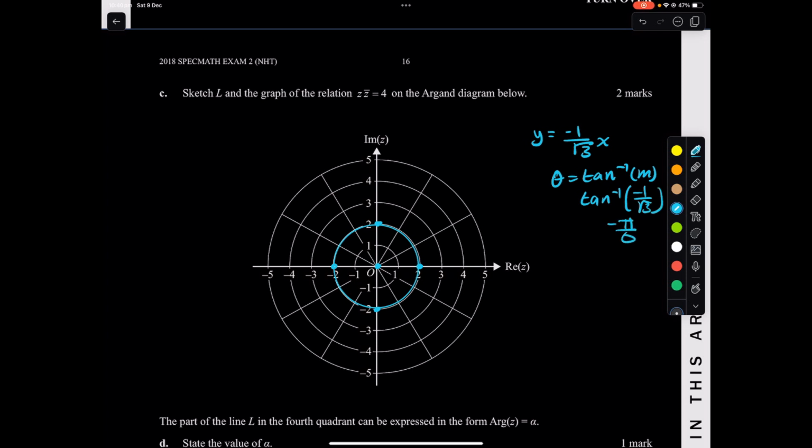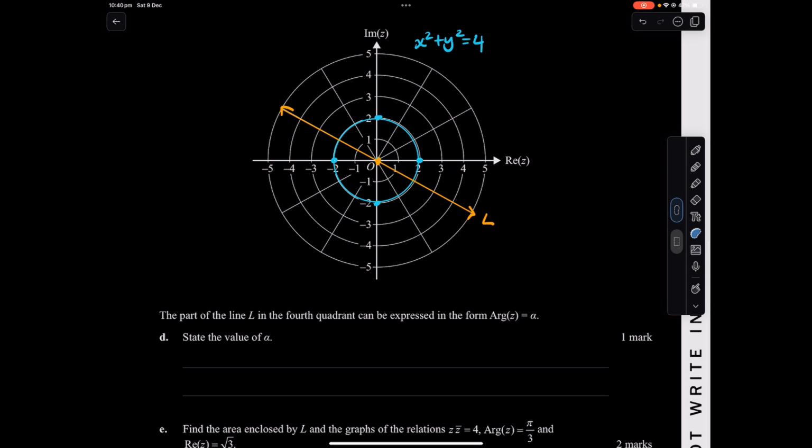So that is a line that passes through the center, we know, and it has an angle of like negative 30, so right over here. The line passes through here, where this angle here is negative pi over 6. So that's it. We can draw that. So that's line L. And the blue line is just x squared plus y squared equals 4. Easy, 2 marks.